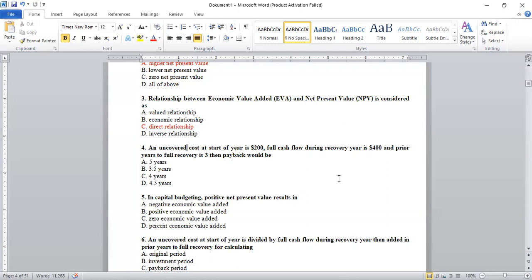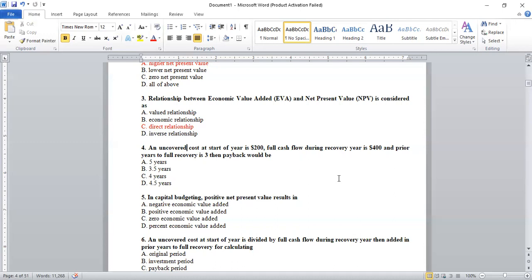We take the uncovered cost at the start, which is $200, divided by the full cash flow during the recovery year, which is 400, and we get 0.5.